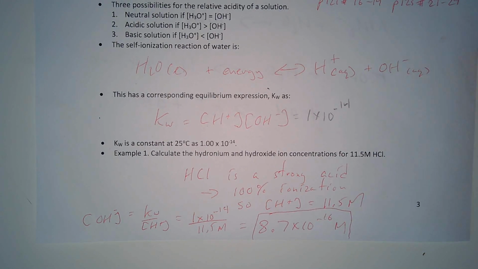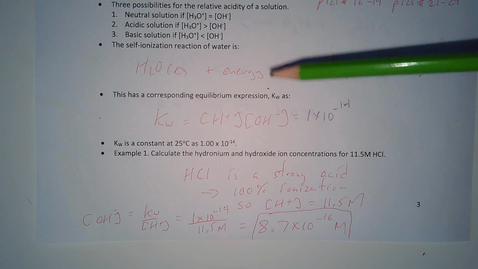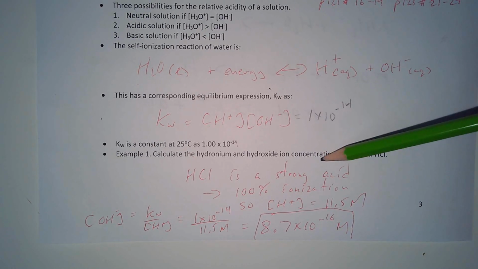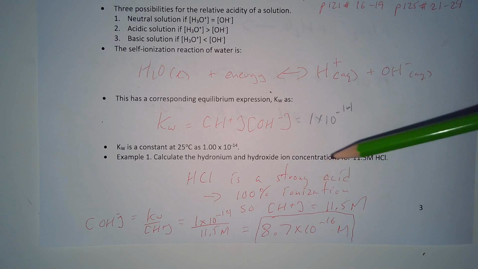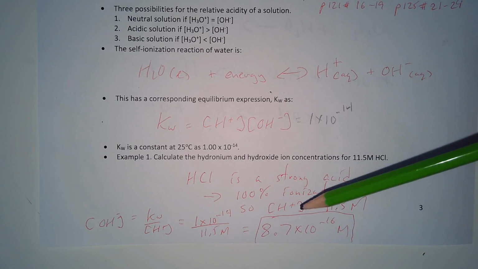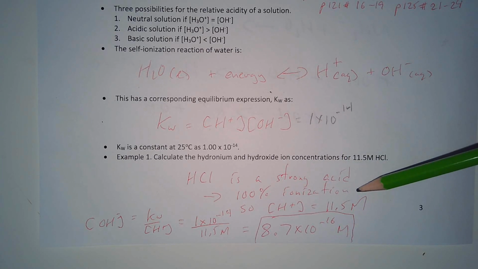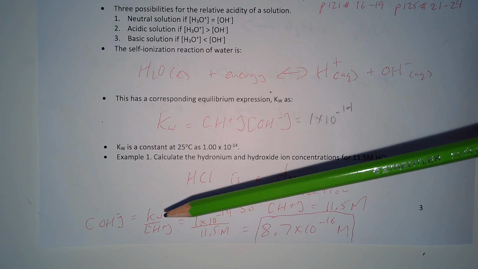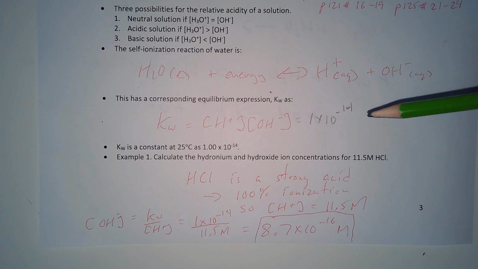where you've got HCl, 11.5 molar. Again, that's a strong acid. Because it's a strong acid, it goes through 100% ionization. So the H plus then is 11.5 molar. Notice how they're the same. So your OH minus is just going to be Kw divided by H plus.